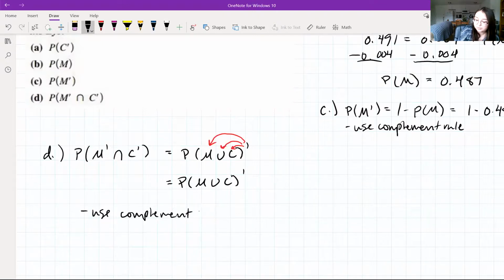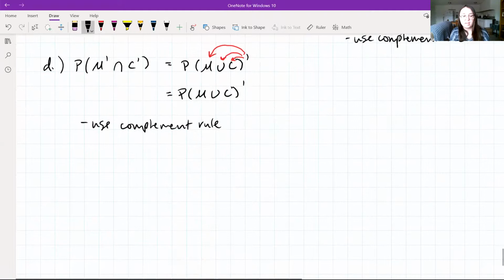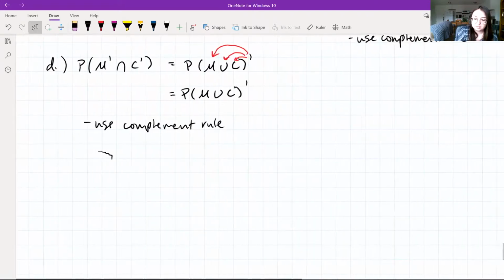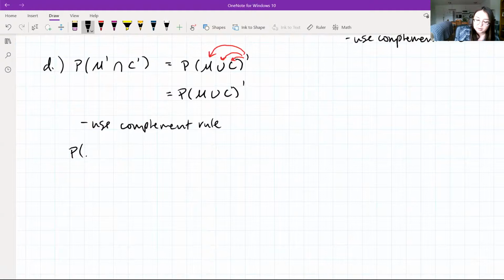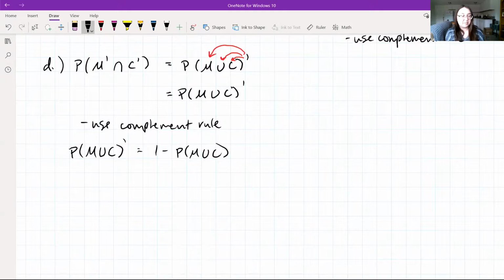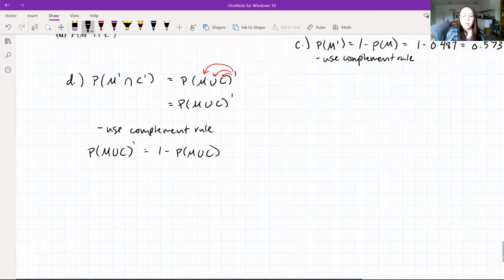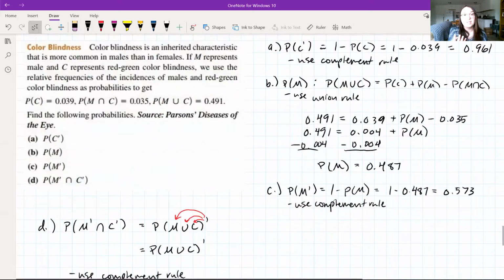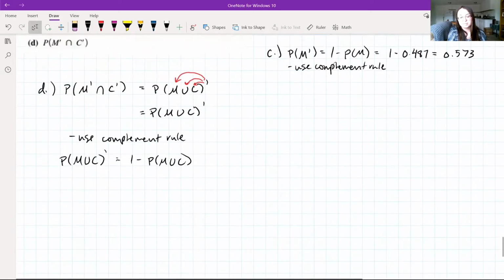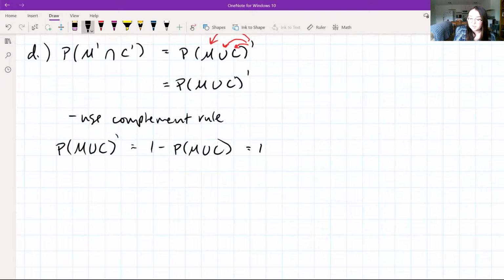This tells us that the probability of M union C complement is equal to 1 minus the probability of M union C. And we know what the probability of M union C is because it was given to us in our problem. It's 0.491. So this is 1 minus 0.491. And this is going to give us 0.509.